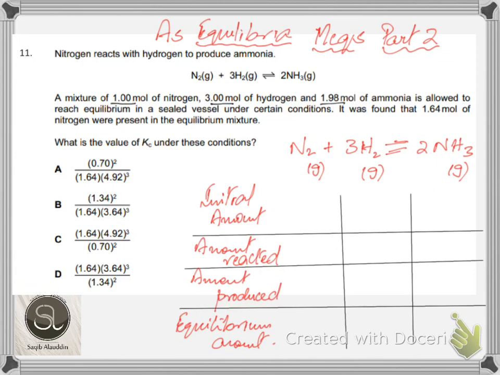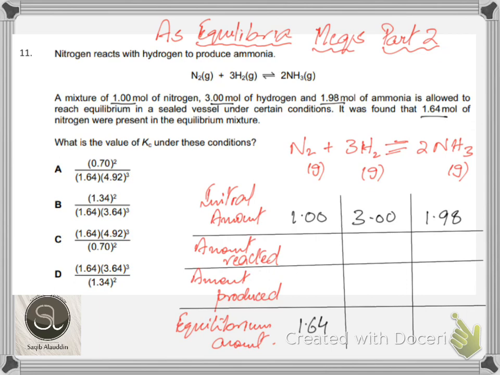So initially, the initial amount of nitrogen is 1 mole, the initial amount of hydrogen 3 mole, and that of ammonia is 1.98. The question also says that it was found that 1.64 mole of nitrogen were present at equilibrium.